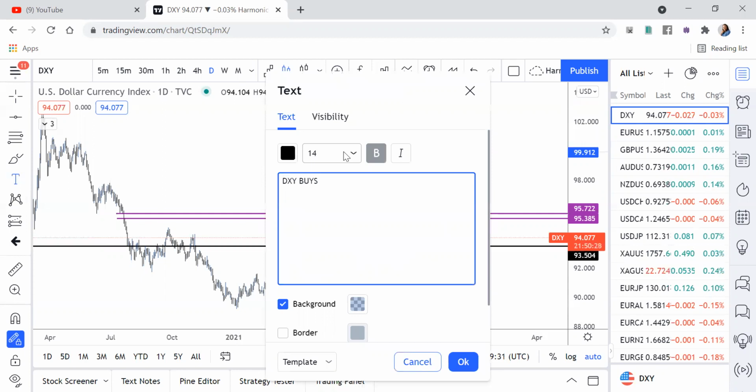If the DXY buys, XXX USD sells. And if the DXY sells, XXX USD buys.